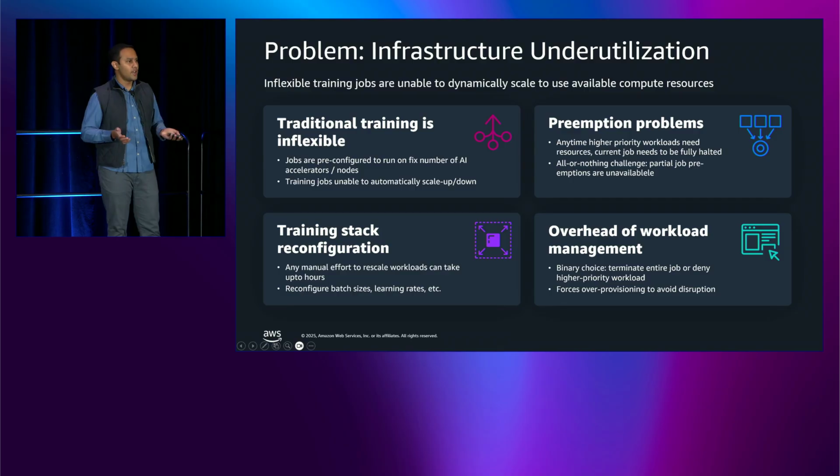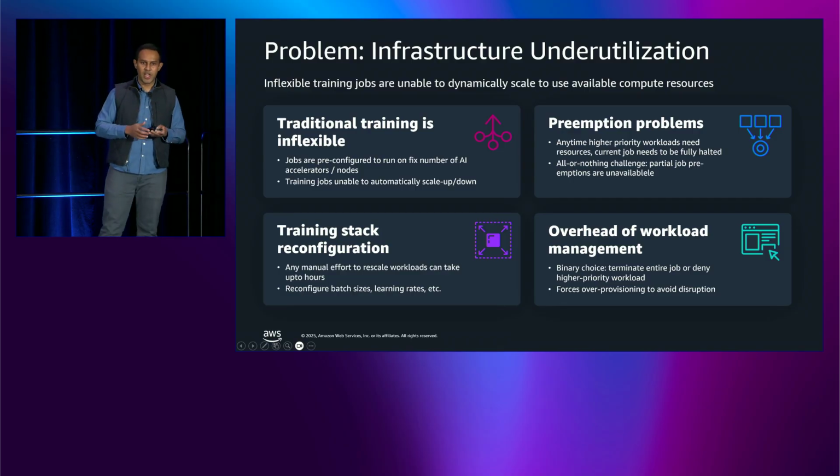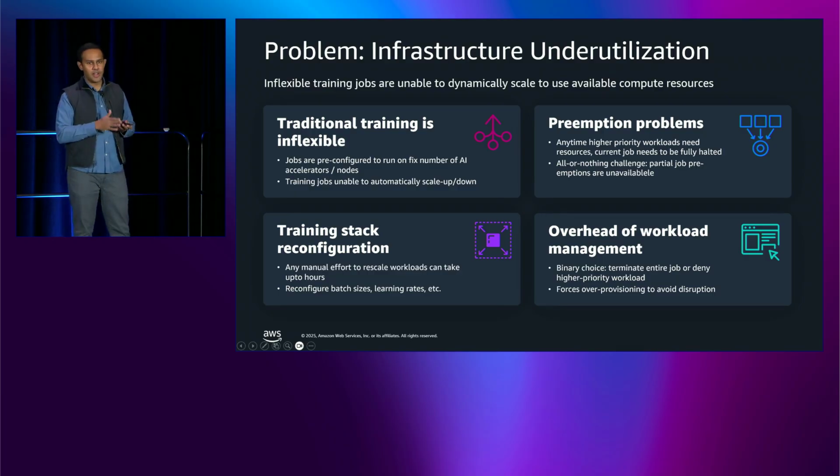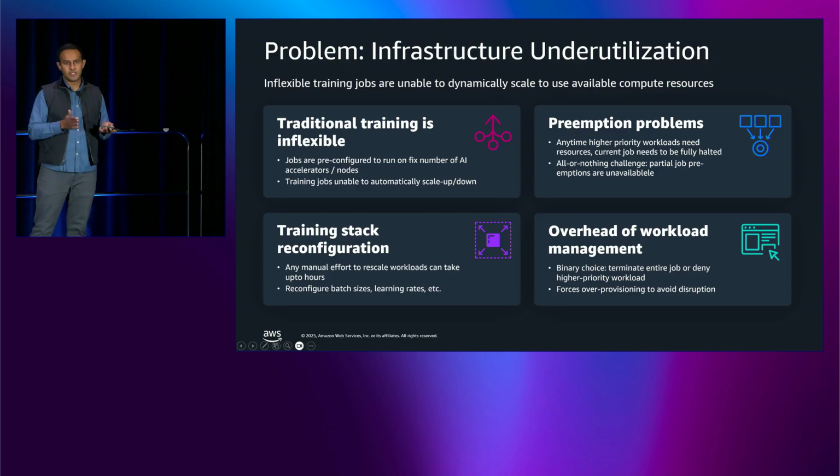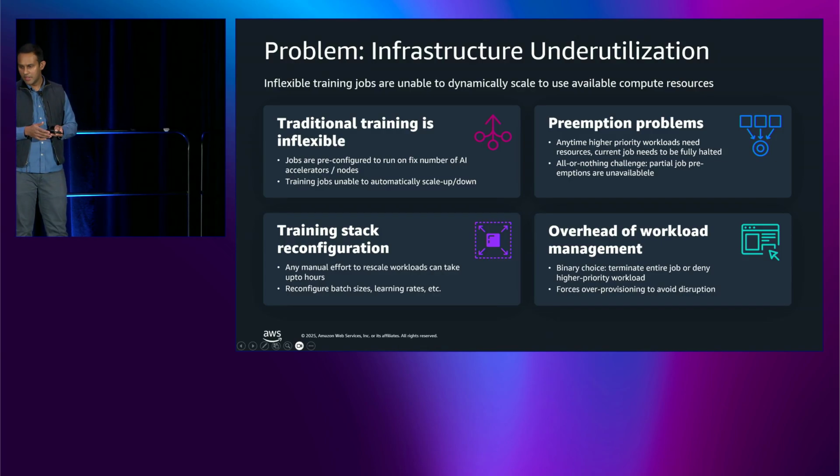So it's this all-or-nothing choice that customers face where you have to either over-provision the cluster to ensure training continuity or essentially stop the job entirely to give back resources. And so this entire overhead of workload management can mean customers spend hours observing resources in their cluster, manually defining hooks to dynamically scale up or scale down their training workloads.